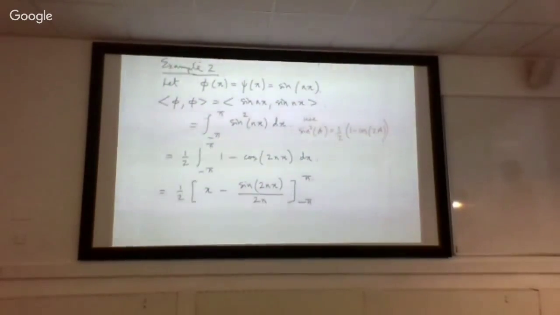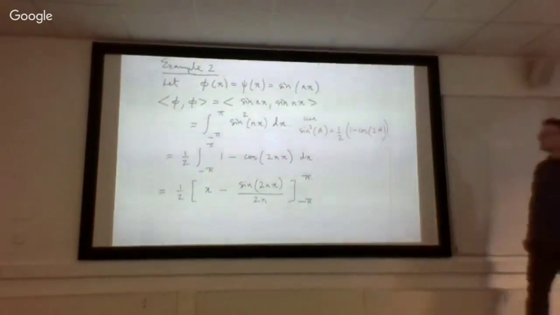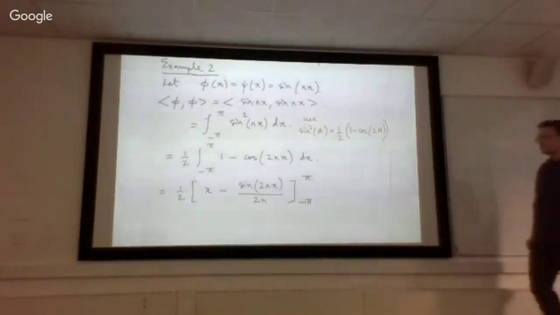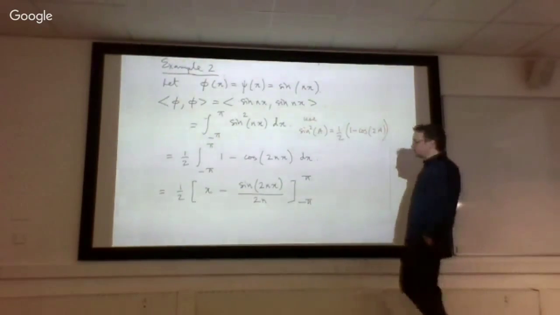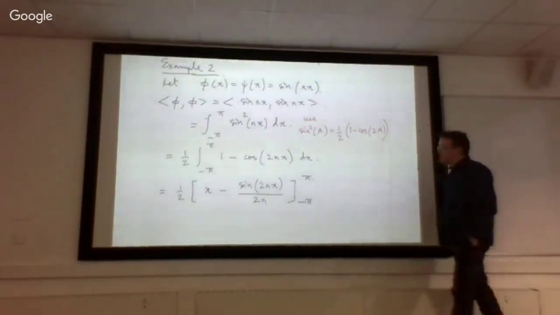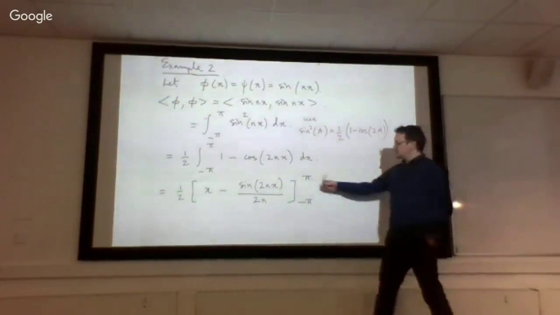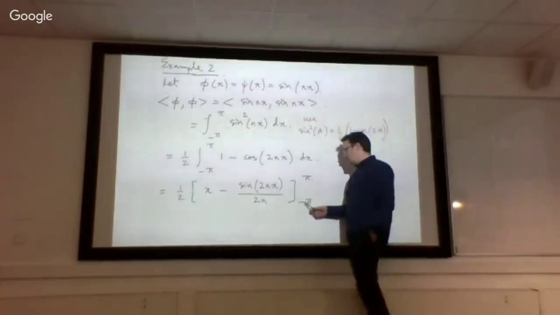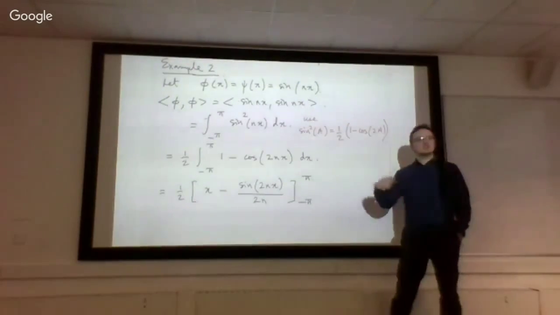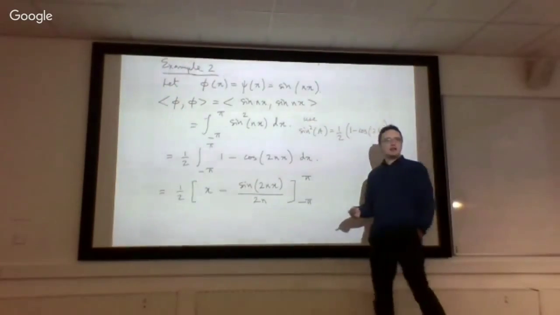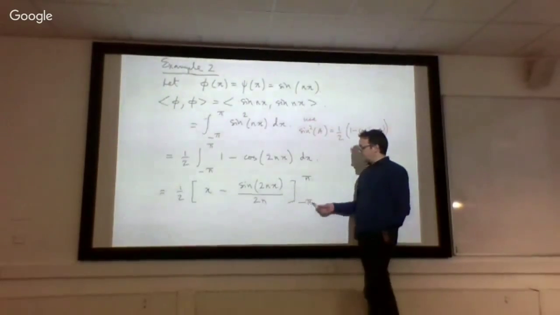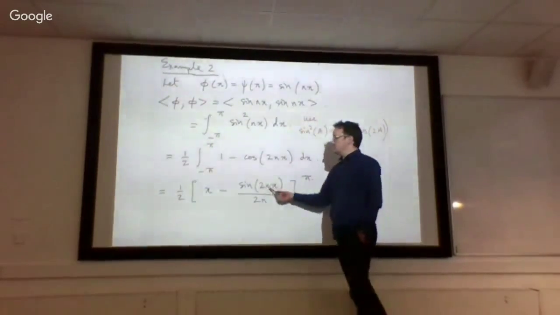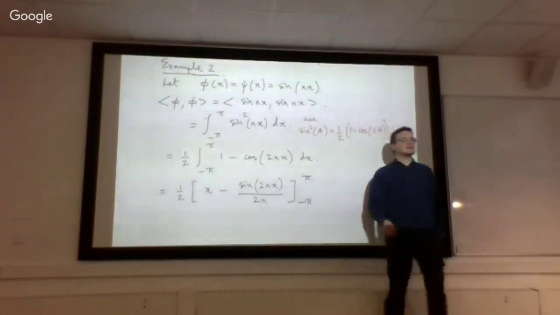And we're integrating over the interval minus pi to pi, so we've got to evaluate that there. So how does this evaluate? Well, we need to substitute pi in for x and minus pi in for x and subtract them. That will just give us 2 pi. Then you need to substitute x equals pi and x equals minus pi into this expression here, sine of 2nx.